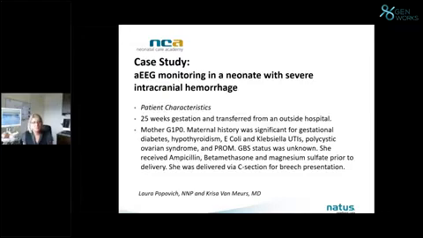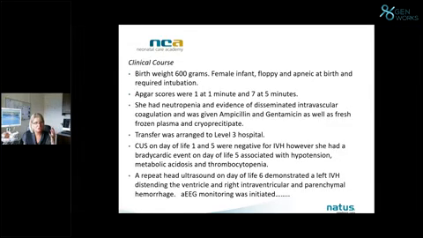They didn't know her group B strep status at that point in time, but she received ampicillin, betamethasone, and magsulfate prior to delivery, and they delivered this baby by cesarean section because of breech presentation. The baby was a 600-gram female, floppy and apneic at birth, required intubation, with APGARs of 1 and 7 at 1 minute and 5 minutes respectively, was neutropenic, and had DIC.